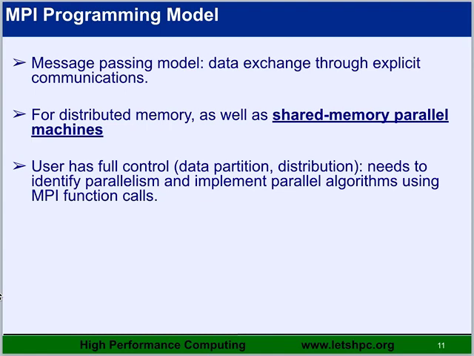The programmer is responsible for identifying parallelism and implementing parallel algorithms using MPI function calls. So debugging is a little bit more difficult compared to shared memory systems, because the programmer needs to identify the parallelism himself or herself. It's not like auto parallelism.